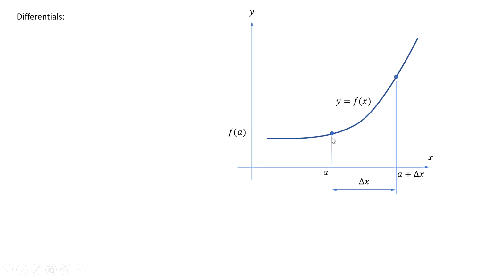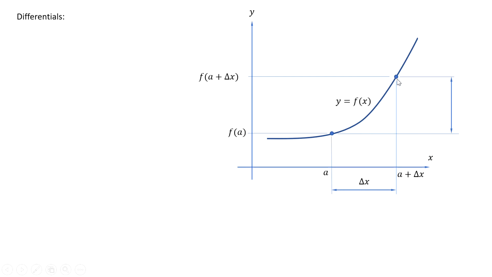Are you okay with that? This point lies on the graph of y equals f of x. So if its x coordinate is a, the y coordinate should be f of a. If its x coordinate is 5, then the y coordinate would be f of 5. Then, would you agree, by a similar argument, the y coordinate of this point should be f of a plus delta x?